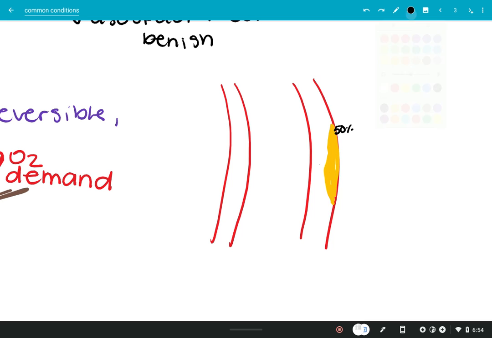Okay, so let's say I'm out running a lap or whatever. My heart rate is going to go up. So that's my heart rate. When my heart rate goes up, my oxygen demand goes up. Okay, so I'm running a marathon, which I would never do.